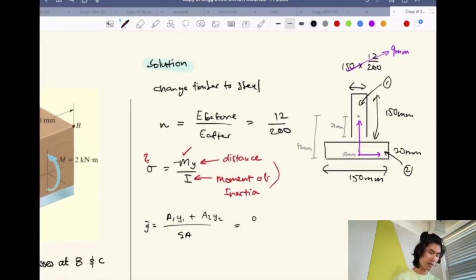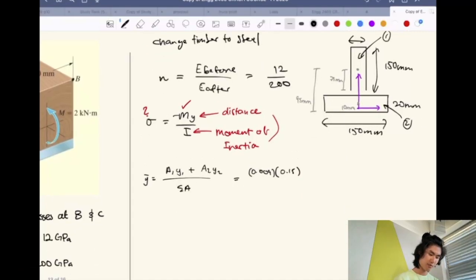This will be 0.009 and 0.15 plus 0.02, 0.15 all over 0.95. So this is your y1, this is your a1, correct?